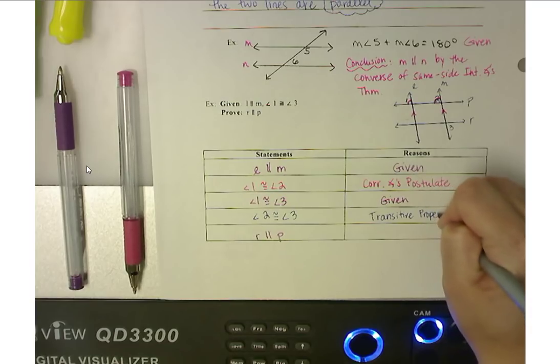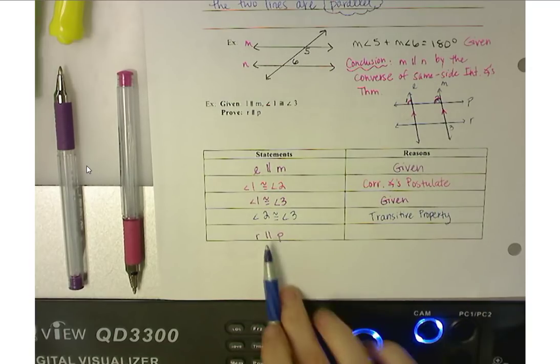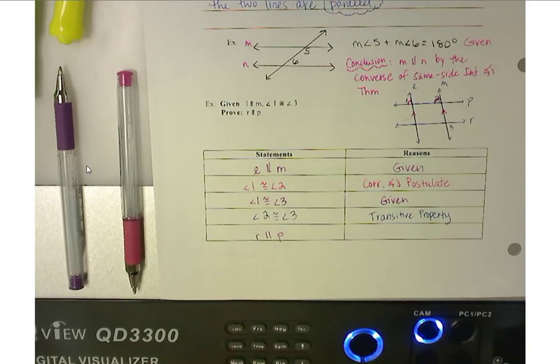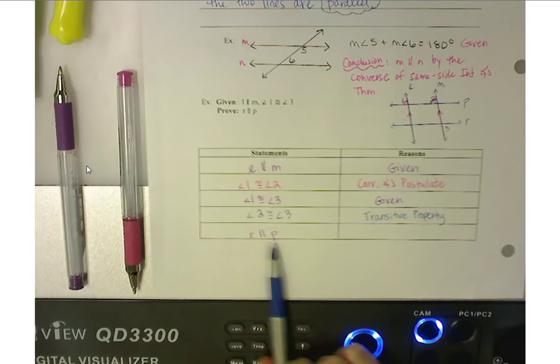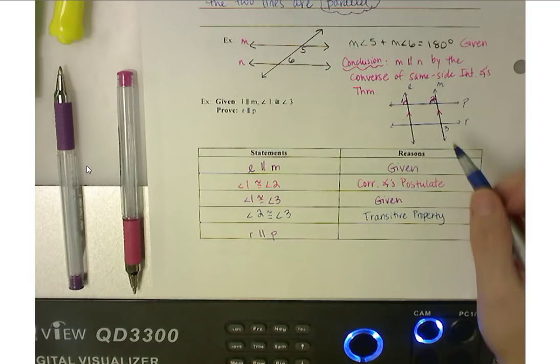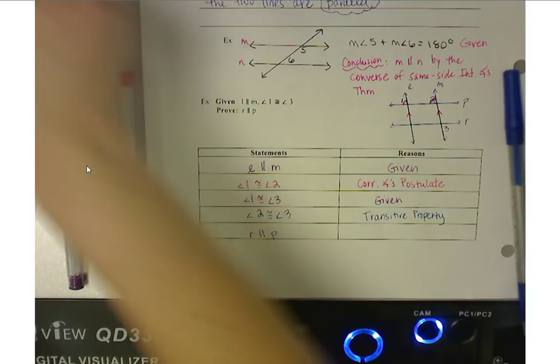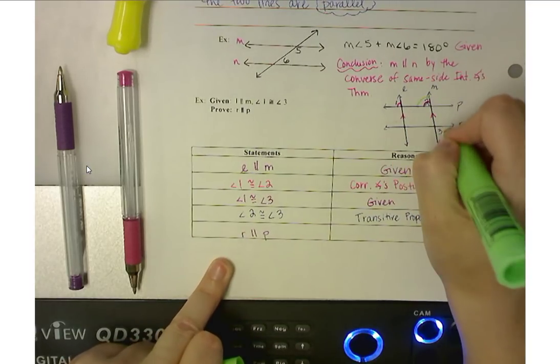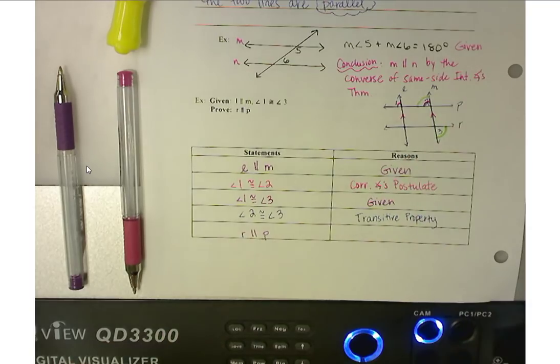So we worked on that a lot in chapter 2, okay? If you have two things congruent to the same thing, it will be your transitive property. And then why are these parallel? Well, look at the relationship between 2 and 3. So on your diagram, if 2 and 3 are congruent, let's identify what they are.